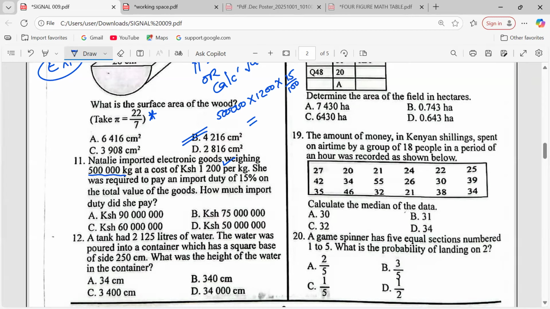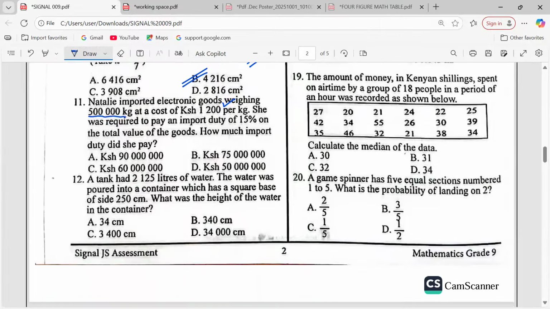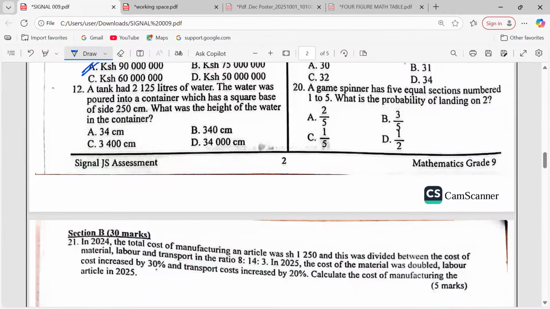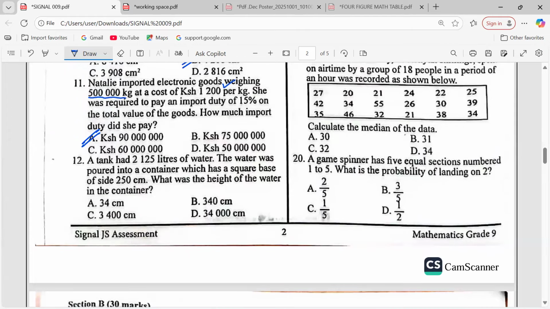So we need 500,000 multiplied by 1200 multiplied by 15 over 100. This gives us exactly 90 million, making A the right answer. We are almost concluding section A.